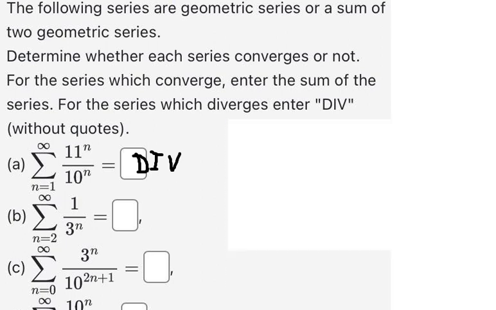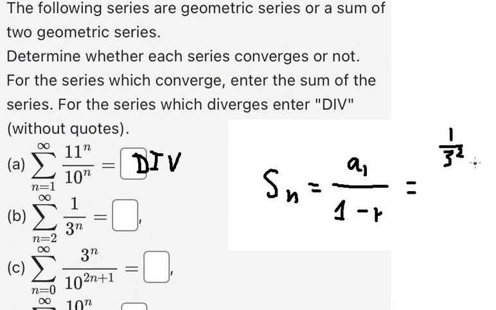Now, if we want to find the sum of this one, we apply the formula in here. That should be like this: a number 1, that is the first term, divided by 1 minus R. So when we put number 2 in here, a number 1 is 1 over 3 to the power of 2, because this is the first term of this one, and we divide by 1 minus 1 over 3.